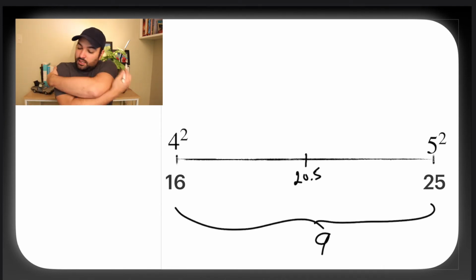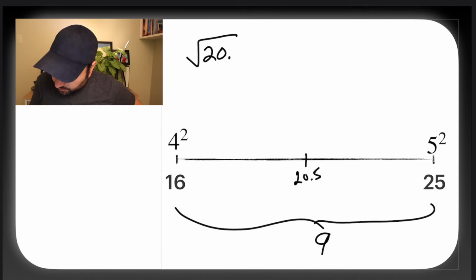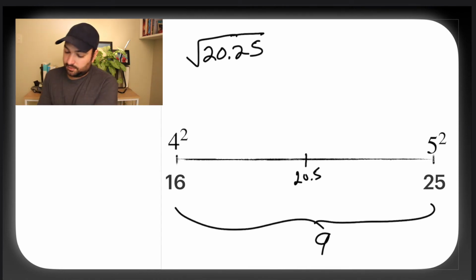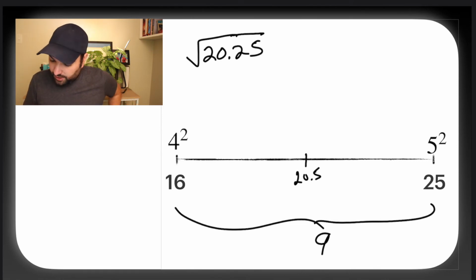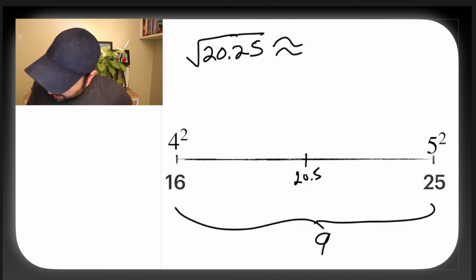20.5. And I guess what we could say here is that the square root of 20.25 is pretty close to 20.5, so it's roughly halfway between 4 squared and 5 squared. So I'm thinking that this number is probably, as an estimate, approximately equal to 4.5.